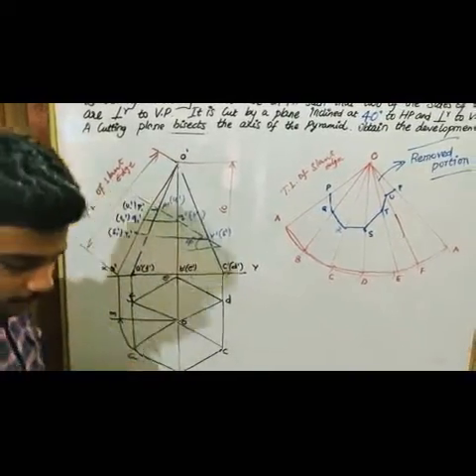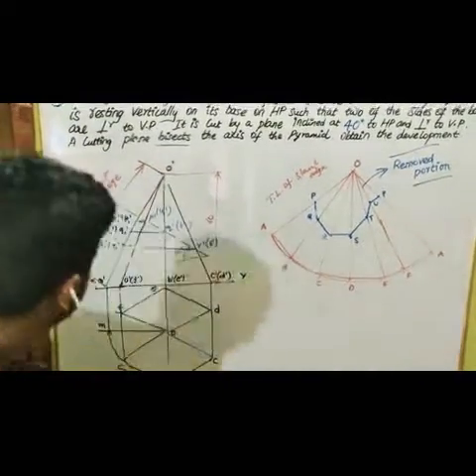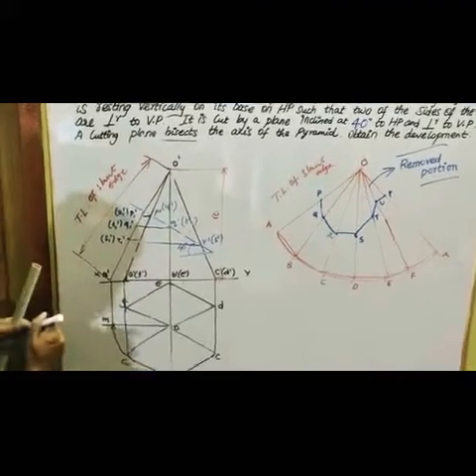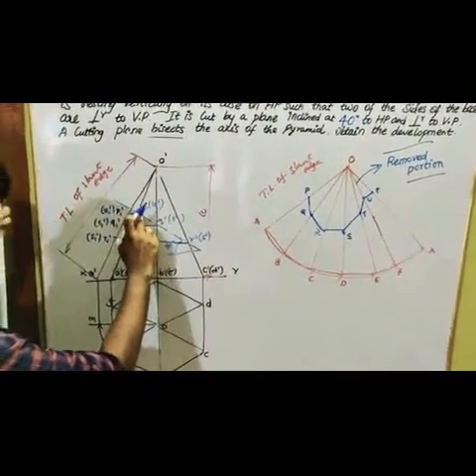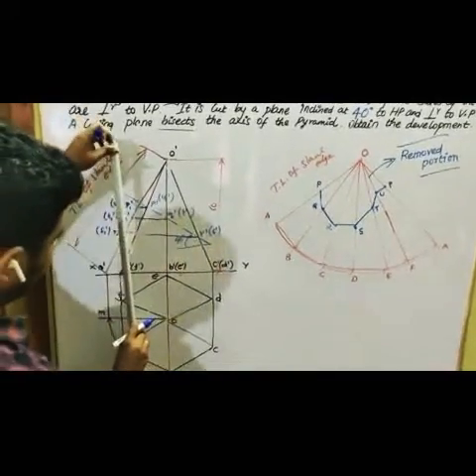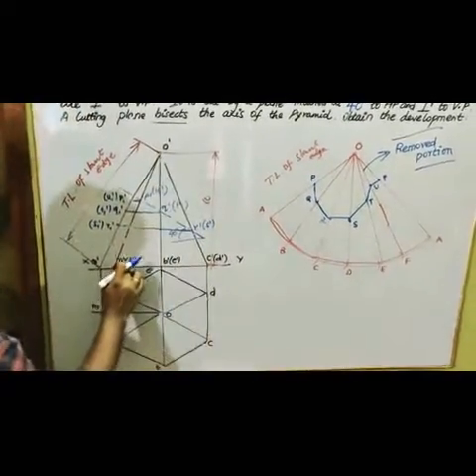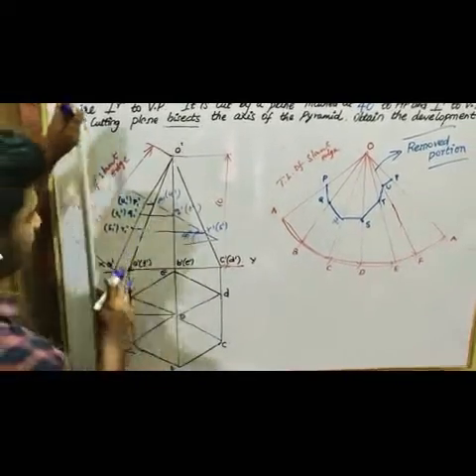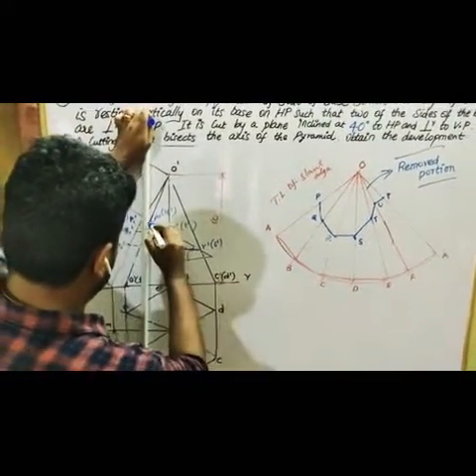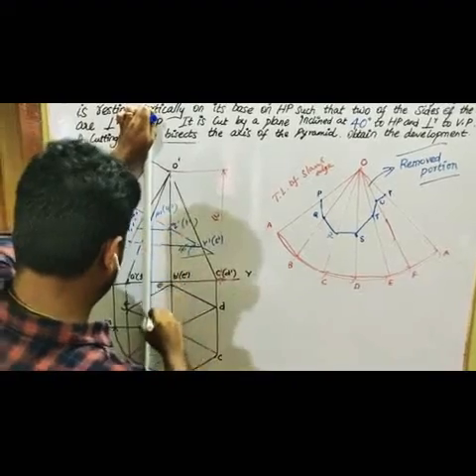How do you remove it? Here P dash and U dash, you have to project them onto the O dash F dash and O dash A dash lines. You project and mark the points.